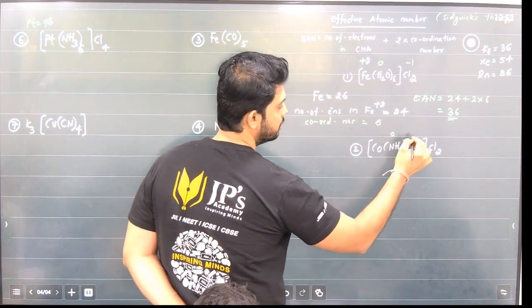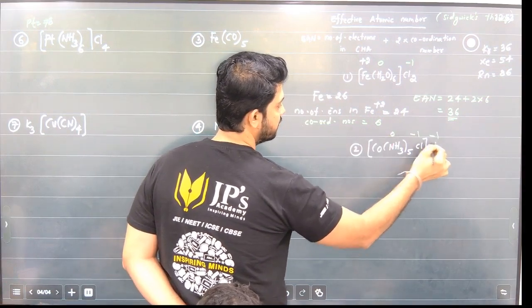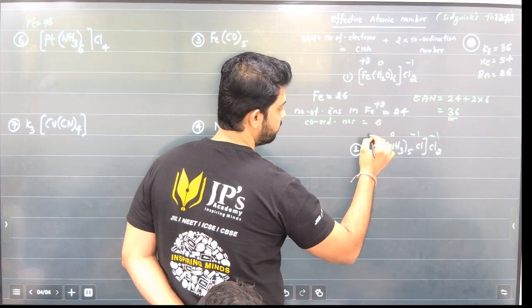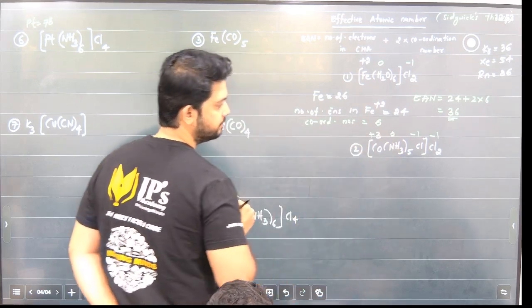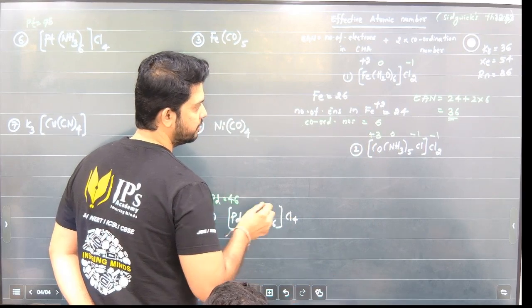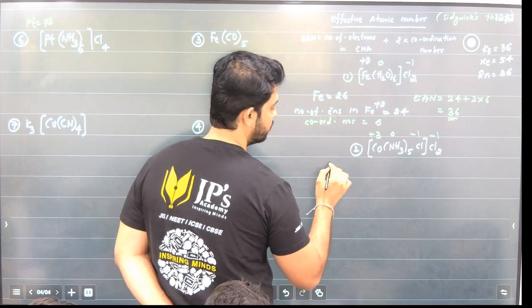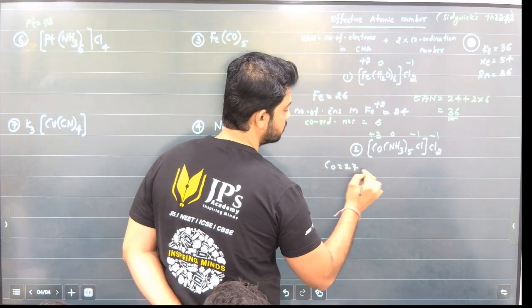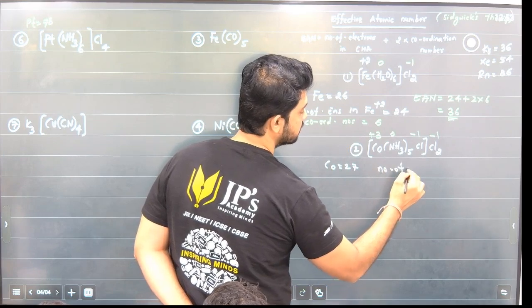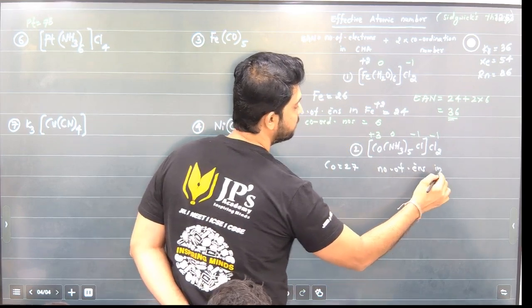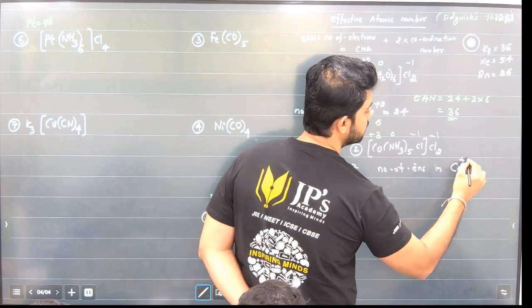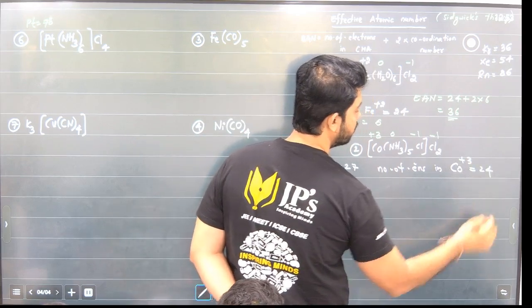Next. Give the charge on cobalt over here, please. This is 0. Chlorine is -1. So +3. Cobalt atomic number 27. So number of electrons in cobalt +3 is 24.